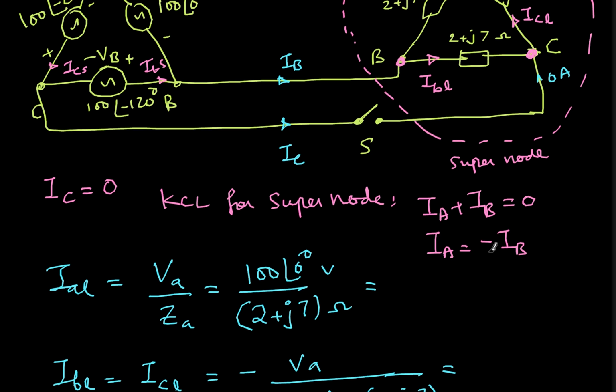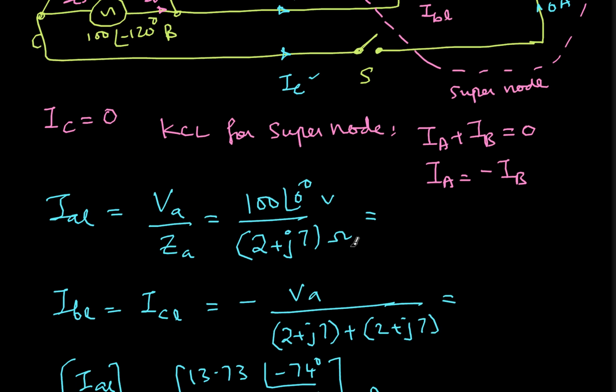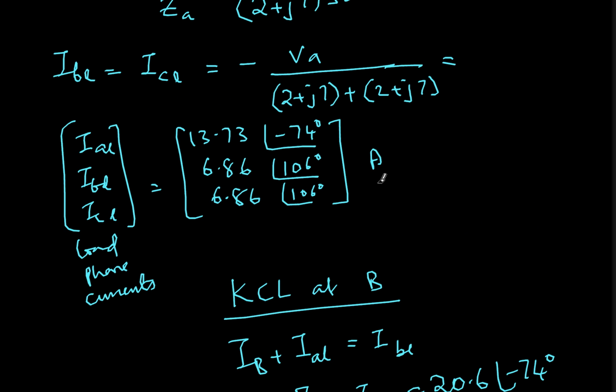Once I get IA, IB and IC, the next step would be to calculate IAS, IBS and ICS, the source side currents. Remember, although the voltage is balanced, the currents are unbalanced because they are not equal. IA value is different, IB value is different, and IC value is different, the magnitude, even the angles.